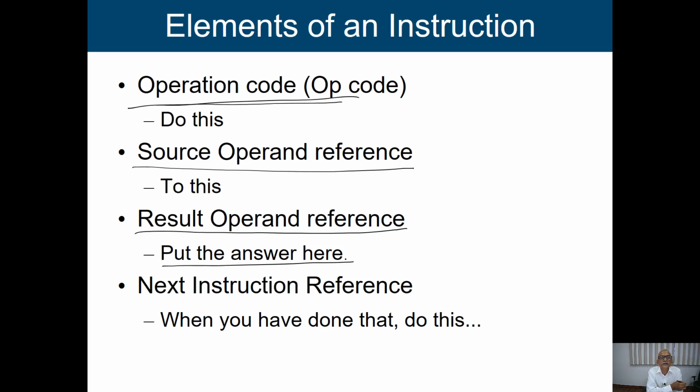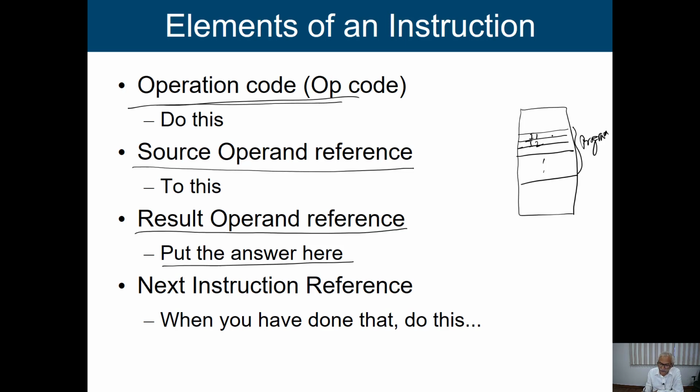And for every instruction, we have the next instruction reference, because in main memory we have this particular program in memory locations. If this is my first instruction, after its completion we have to go to the second instruction, so we have to keep this reference also.